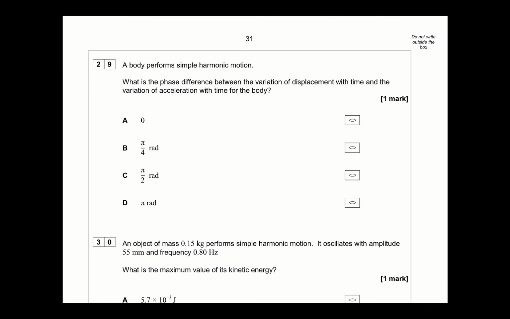A body performs simple harmonic motion. What is the phase difference between the variation of displacement with time and the variation of acceleration with time for the body? 0. Velocity and displacement are pi by 2 out of phase, but acceleration, D, pi radians.